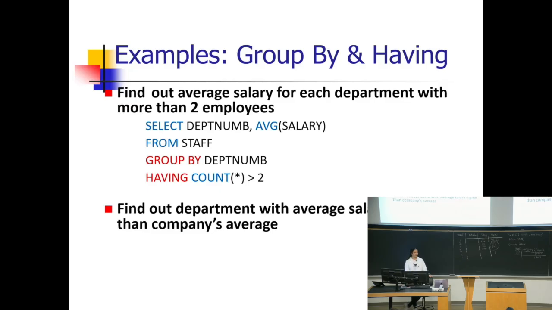Yes. Select department number and average salary from staff, group by department ID. And then it would be having average salary greater than, in parentheses, select average salary from staff.